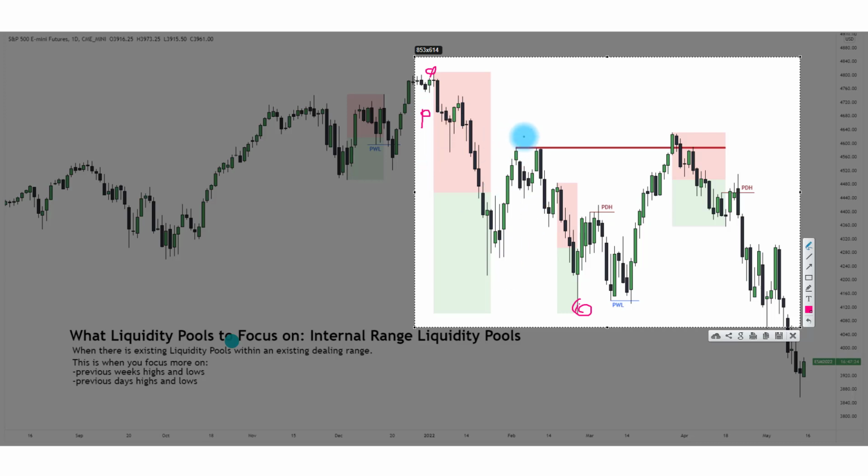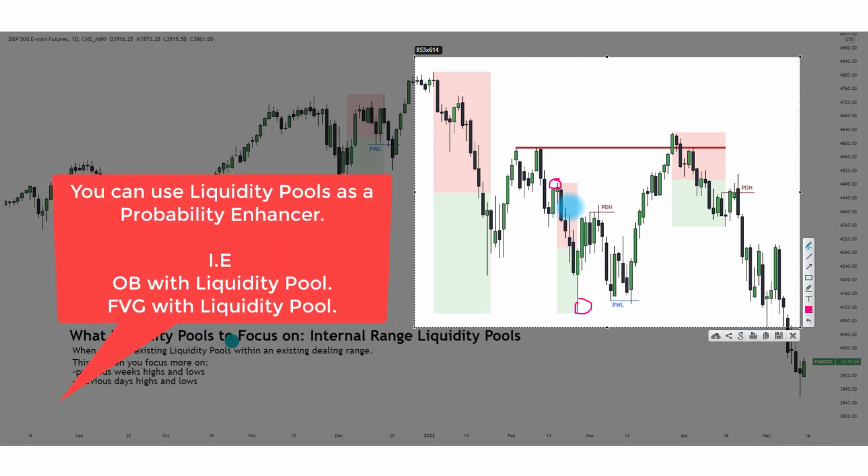We can use liquidity pools inside of that range as a resistance level here. Okay. Same thing here. We have this high to this low.